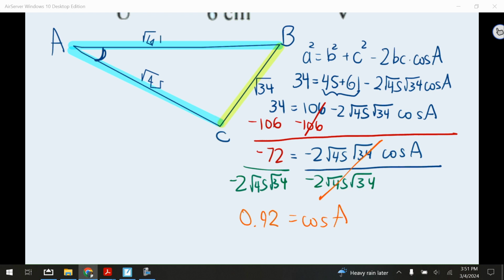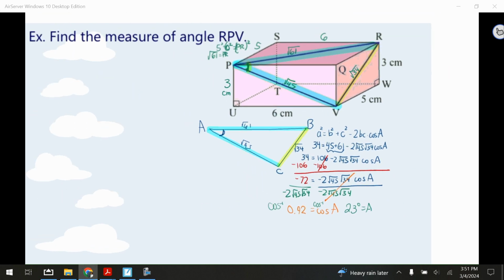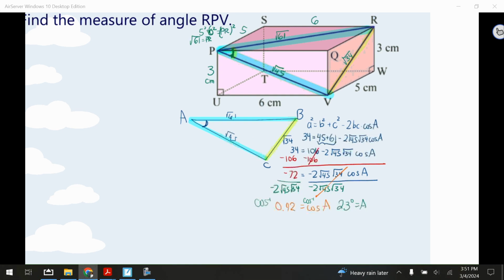We know to find angles, we need an inverse trig function. So I do the cosine inverse of both sides, and I get 23 degrees is A, which when I look back at my problem, which you guys will have in front of you, that's actually RPV. So what I'm going to write down here when I write my answer is angle RPV is 23 degrees.